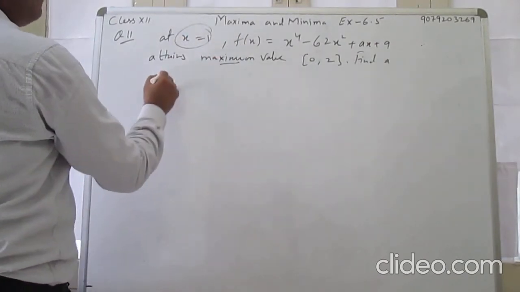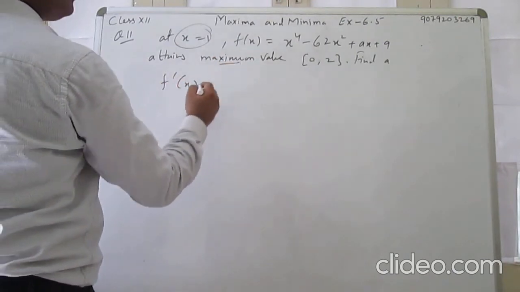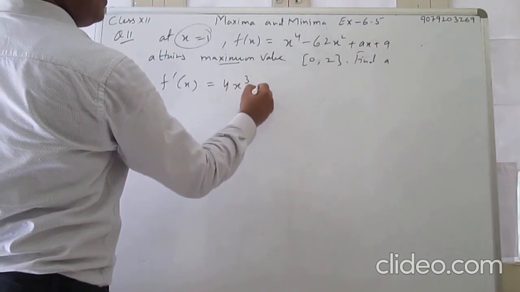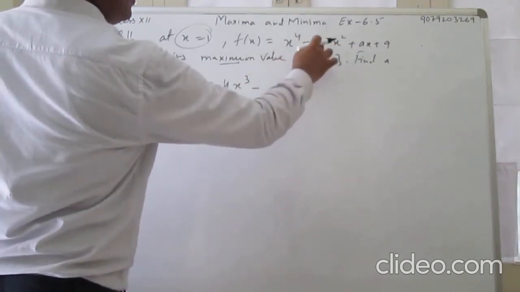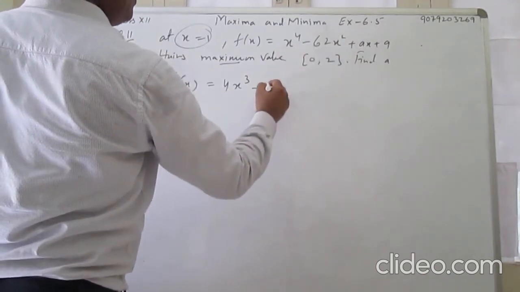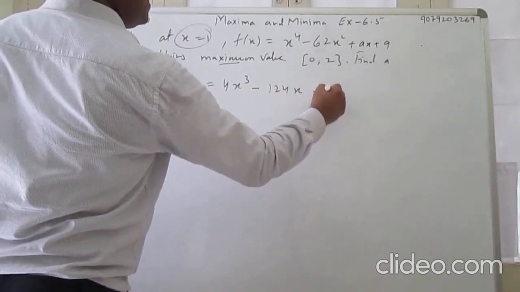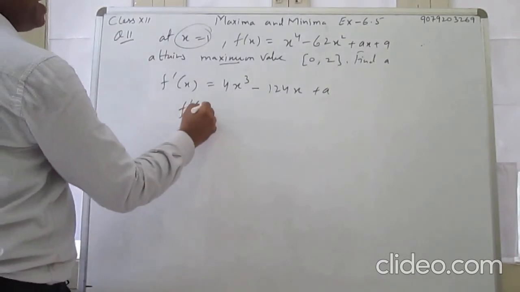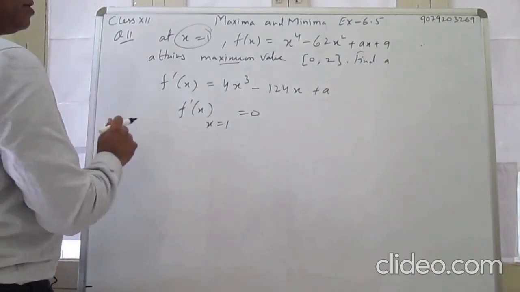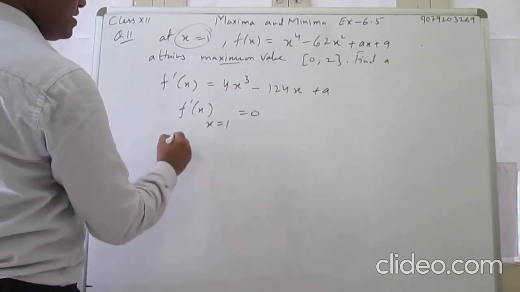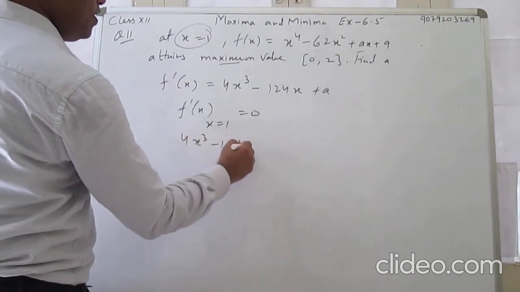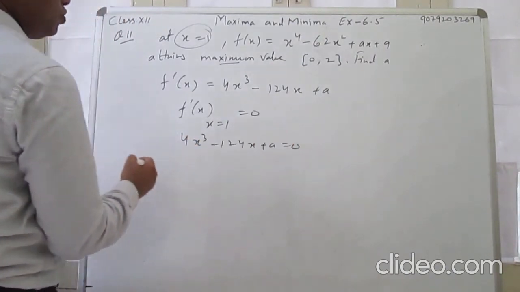So we have to find f'(x). f'(x) is equal to 4x cube minus 124x plus a. Now f'(x) at x is equal to 1 attains maximum value, so 4x cube minus 124x plus a is equal to 0.